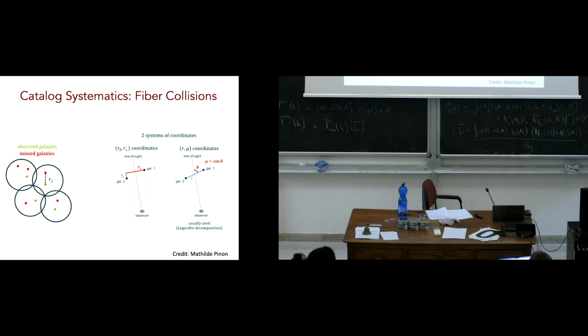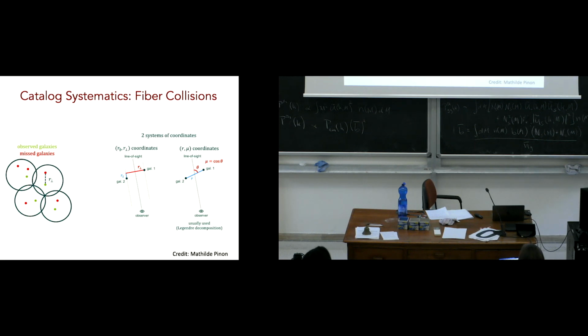Now, of course, the coordinates here are important. At first, this is an angular separation, but we can then translate that easily to a perpendicular separation of the two galaxies, where this is a clear-cut situation.